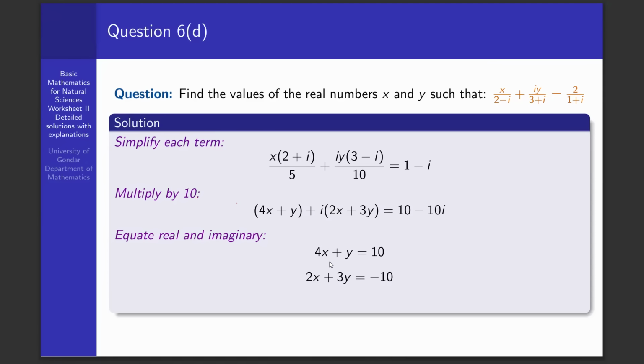Solving this system of linear equations, we have x equal to 4 and y equal to minus 6. That means when x is 4 and y is minus 6, this equation becomes satisfied. So the exact values of x and y satisfying this condition are 4 and minus 6 respectively.